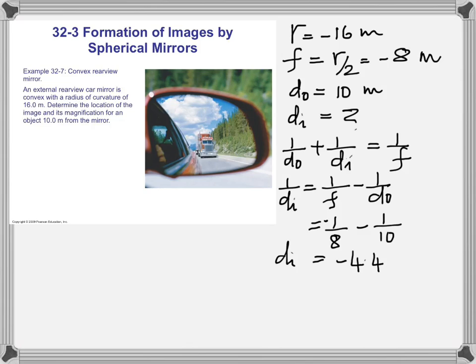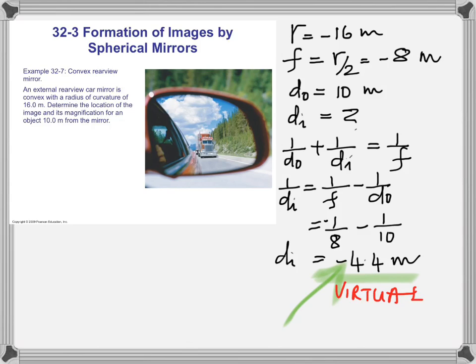If we're talking about DI and you got it as negative, it's 4.444, it repeats. DI is negative. What does that show? It shows it's a virtual image. Any distance that's negative, virtual. Anything that's positive, real. So it clearly shows, because of the negative here, that it's a virtual image. All right.